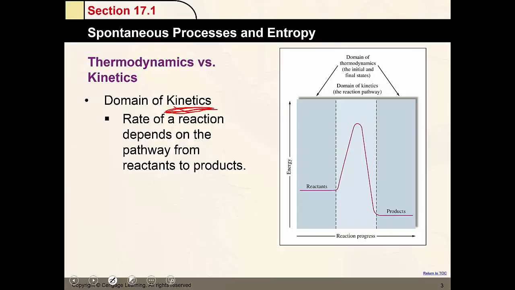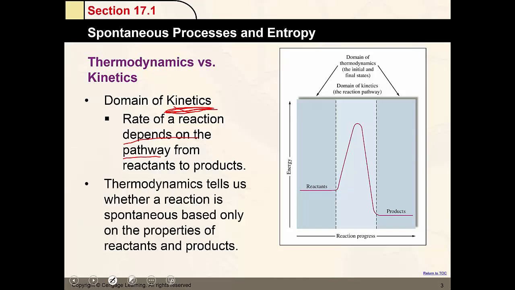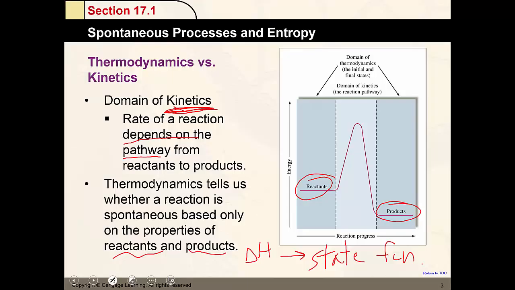It's dependent on the pathway, meaning it is not a state function, whereas with thermodynamic functions like delta H, it's only based on the reactants and products, meaning the initial state and final state. Thermodynamics is a state function. It is only dependent on the initial and final states. It does not depend on the pathway we use to get there.